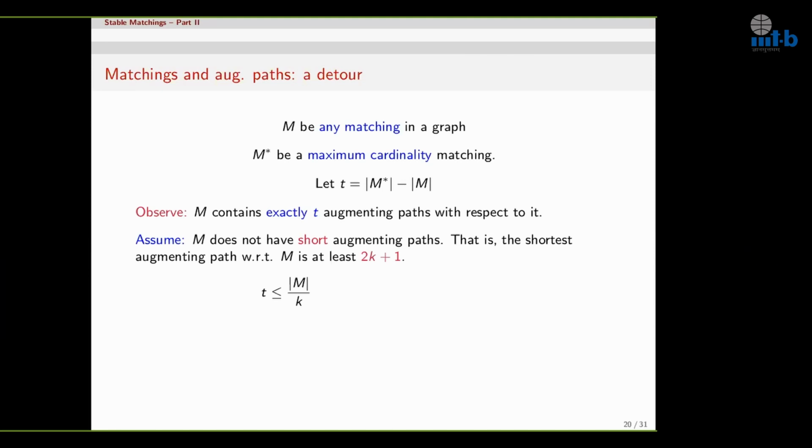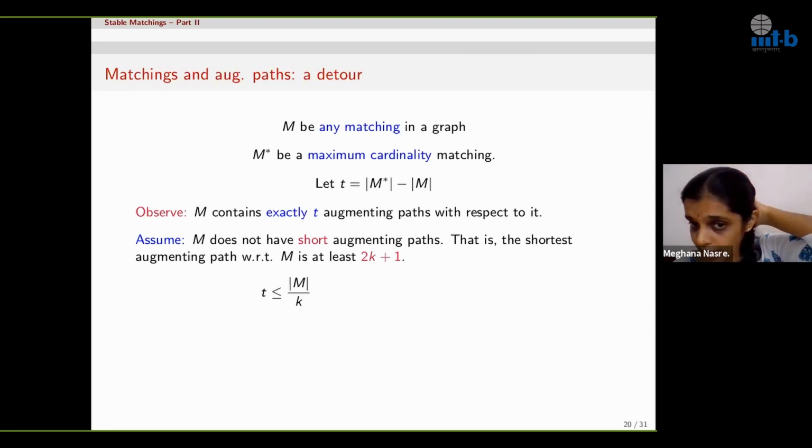Okay. So now, how did I claim that T is upper bounded by M over k? Note that augmenting paths are not constructed out of thin air. Augmenting paths are constructed out of matched edges and unmatched edges. So every augmenting path is going to consume matched edges, in the sense of using matched edges, and these are vertex disjoint, therefore edge disjoint, augmenting paths.